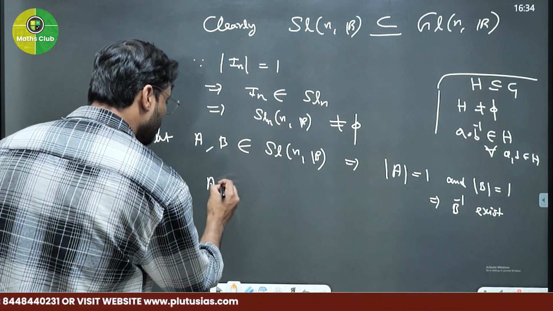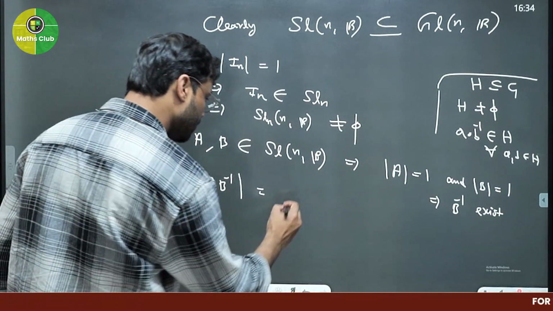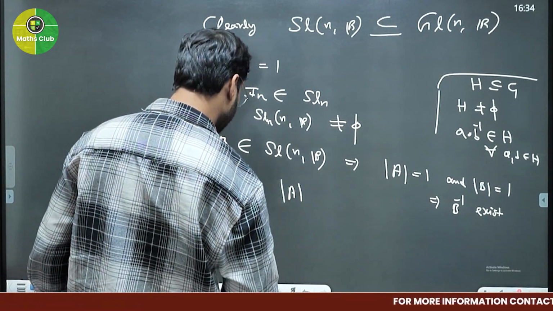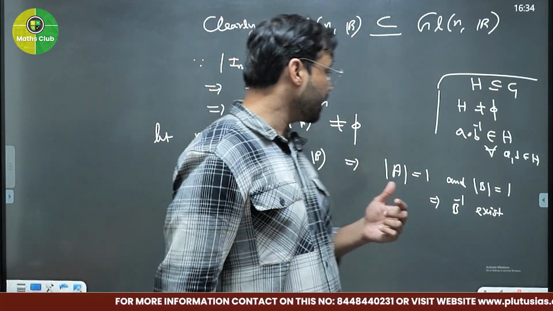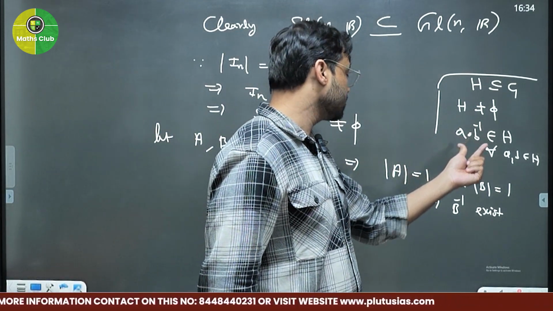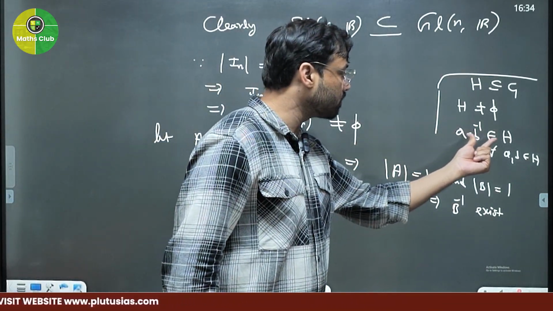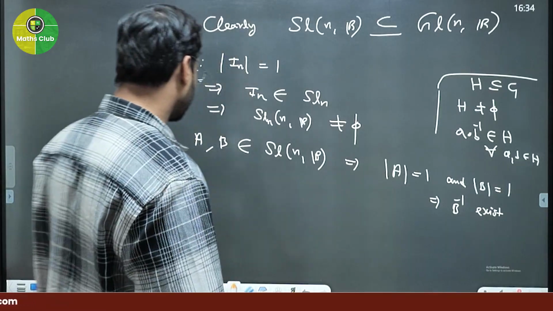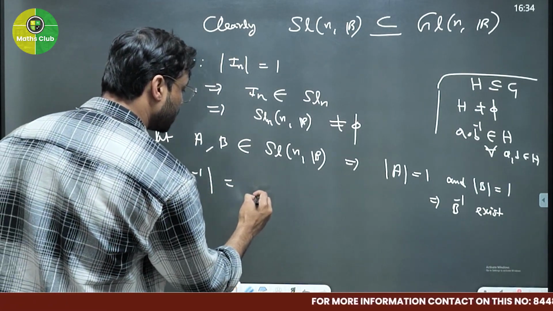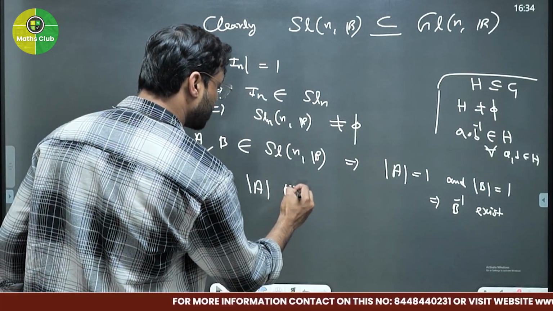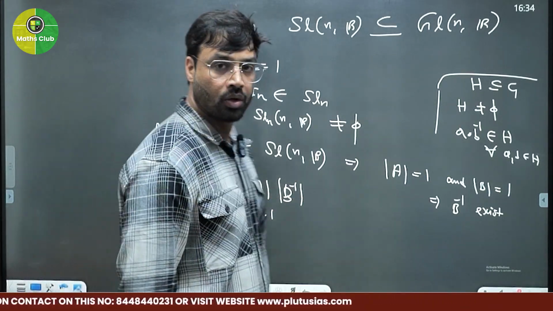Now find the determinant of AB inverse, which equals determinant of A times determinant of B inverse, equal to 1 into 1, equal to 1.